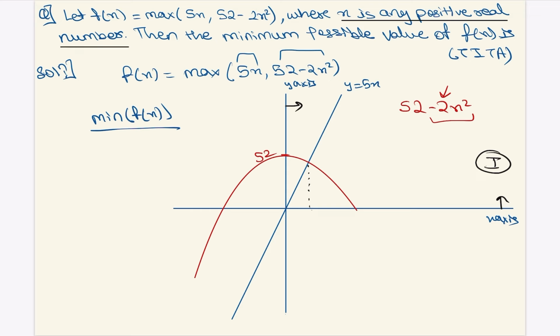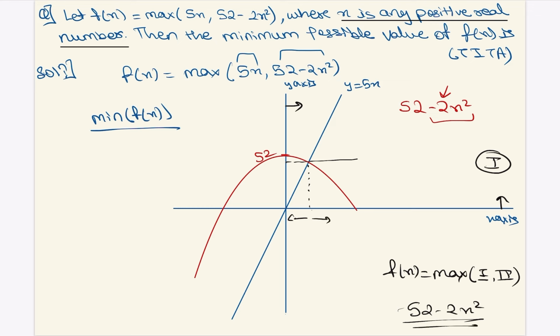Now when I say that my f of x is the maximum of the first function and the second function, before this intersection point, the maximum is 52 minus 2x square, and after this intersection point, my maximum is 5x. But as you can see from the graph, the minimum value is at the intersection point.